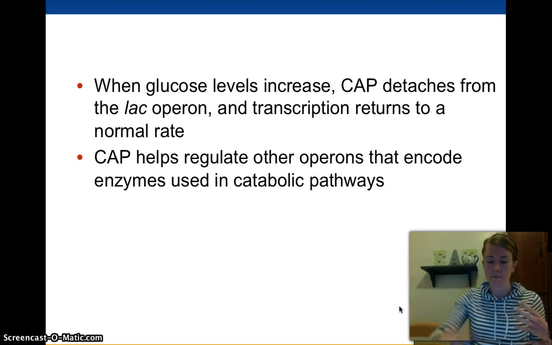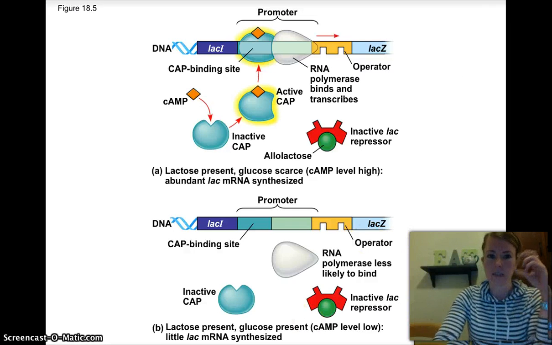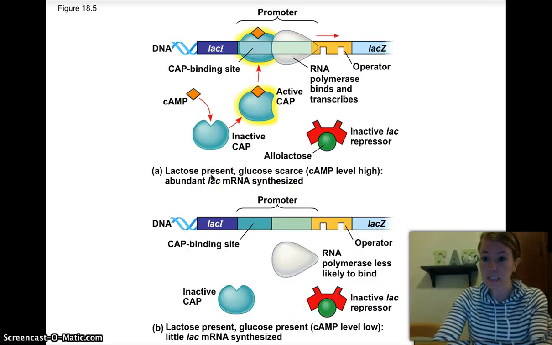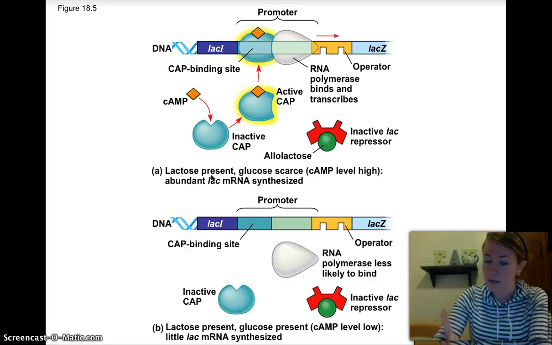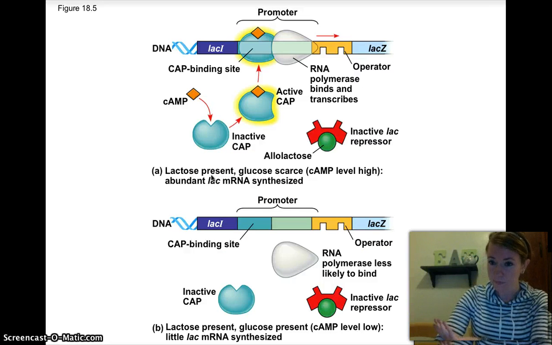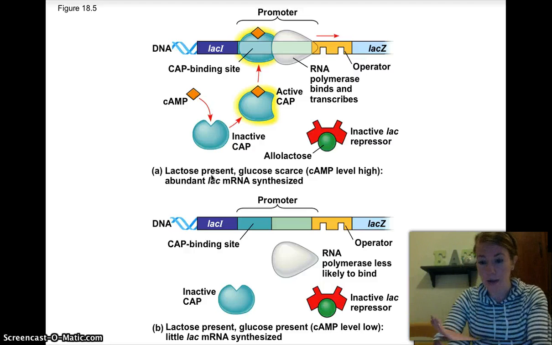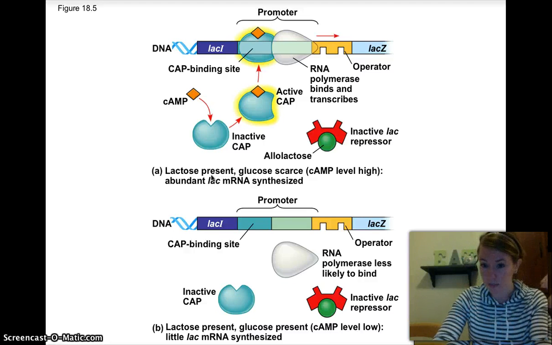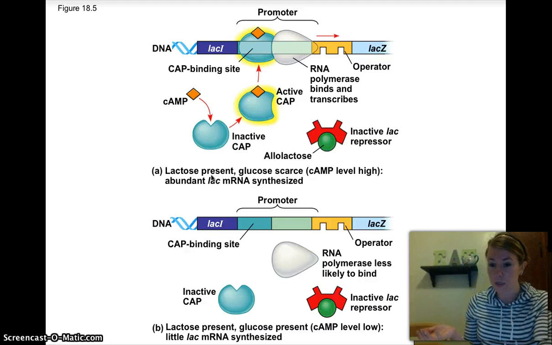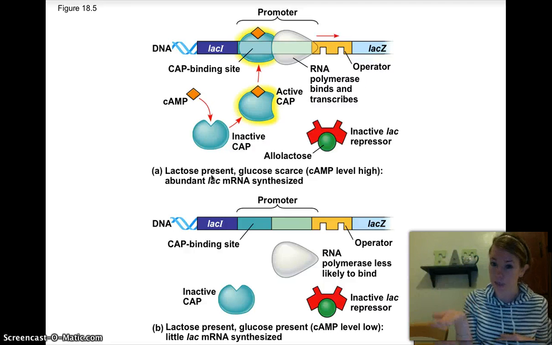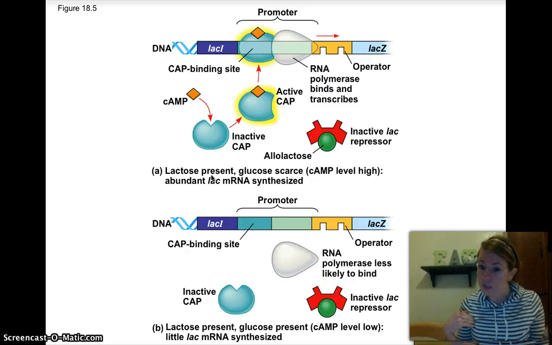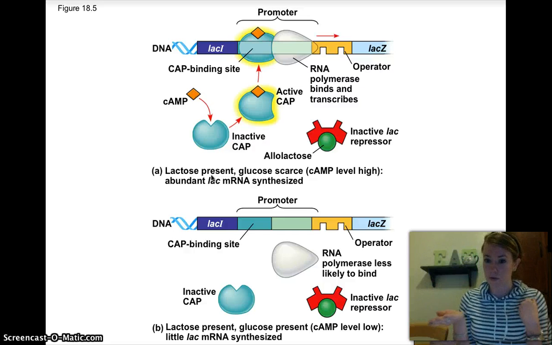Do I have a picture? Okay, so here's lactose present. So we want to turn on the operon, and it's inducible, we're going to turn it on, and glucose is not there. So the cell is going to say, okay, no glucose, but I have lactose, I'll break down lactose. Even though it prefers glucose, it will do lactose if no glucose is there.